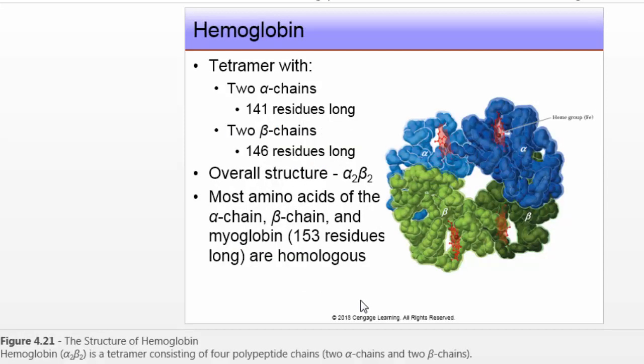Now let's talk about hemoglobin. Hemoglobin is a tetramer with two alpha chains, each 141 amino acid residues long, and two beta chains, each 146 amino acid residues long. The overall structure is alpha 2 beta 2. Most amino acids of the alpha chain, beta chain, and myoglobin are homologous.